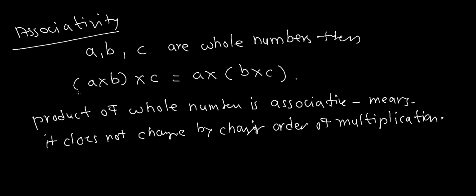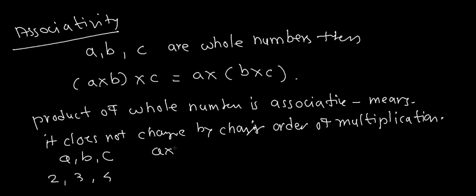That means we do here a into b and here we do b into c. a into b, brackets, into c. So first a into brackets b into c. That doesn't change the value of the product. We'll see here. Let's say a, b, c are 2, 3, 4.